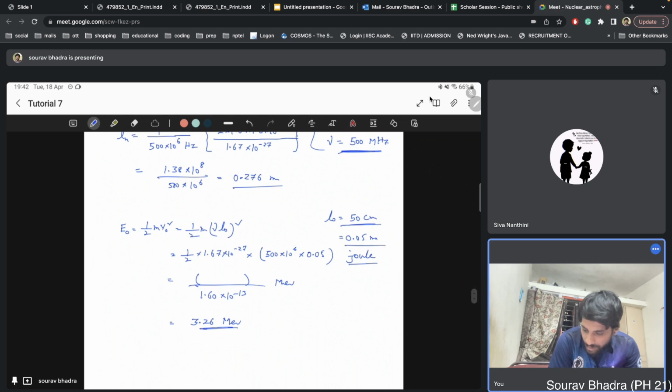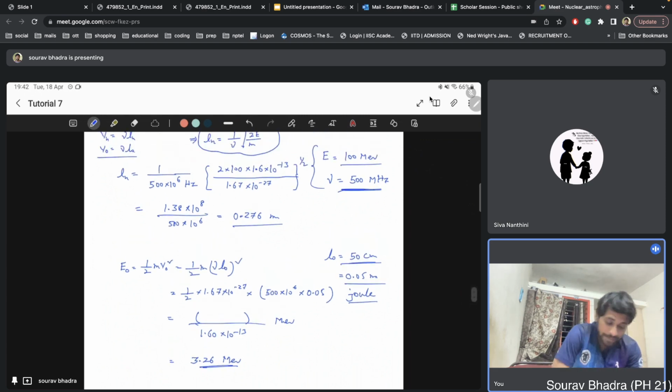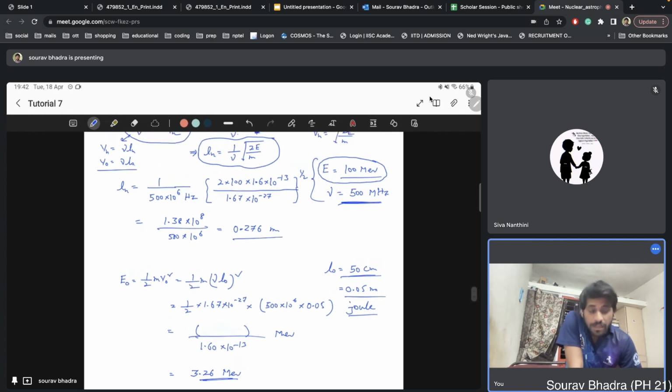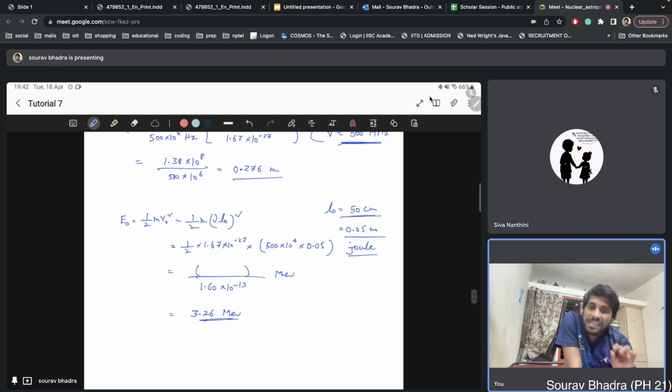3.26 MeV. Okay, so another part is that here in the question it is given that the maximum energy gained by the particle in that tube is 100 MeV. So 100 MeV is your maximum energy, the final energy, and E0, the initial energy, is 3.26 MeV.